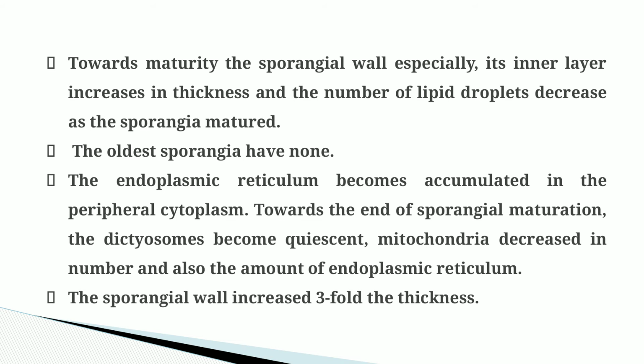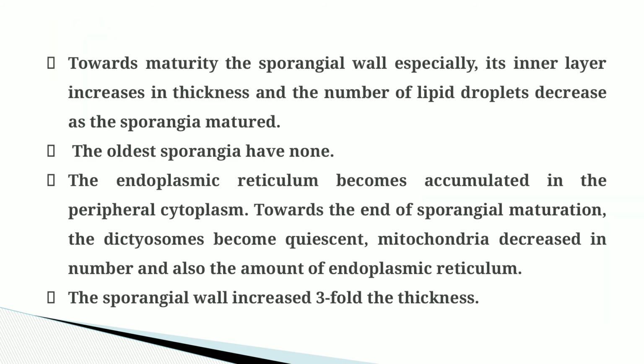The endoplasmic reticulum becomes accumulated in the peripheral cytoplasm towards the end of sporangial maturation. The dictyosomes become quiescent. Quiescent means inactive. Mitochondria decrease in number, and so does the amount of endoplasmic reticulum. The sporangial wall increases threefold in thickness.